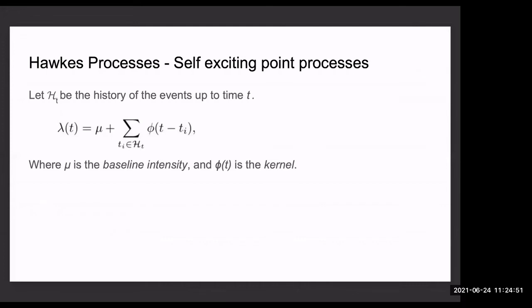What this is: you have a history, a set of timestamps up to time t, and then for that time we have this intensity function with a baseline intensity and also a sum over these previous timestamps, with a memory kernel that influences how the intensity of former timestamps influences future events.